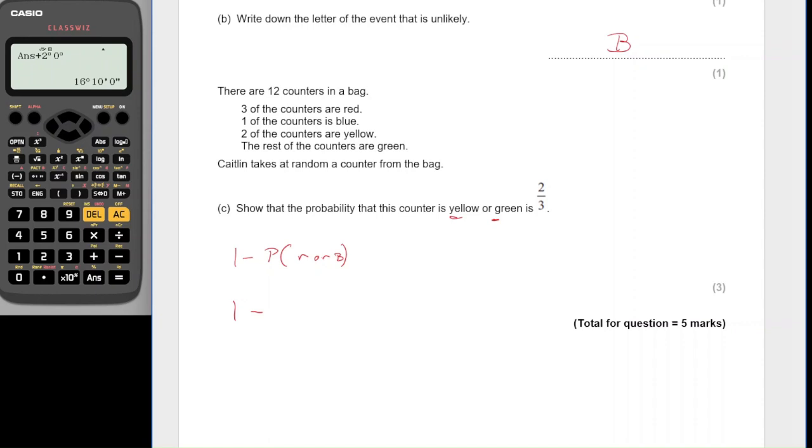So we've got 4 out of 12 that are red or blue, which means that we've got 8 out of 12 that are yellow or green, and that would cancel down by 6, 2/3. No, it wouldn't. Cancel down by 3 would give me.